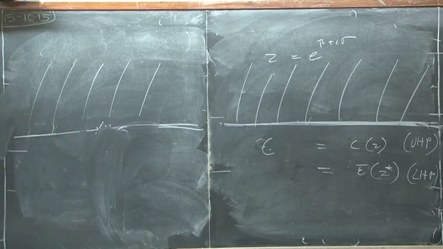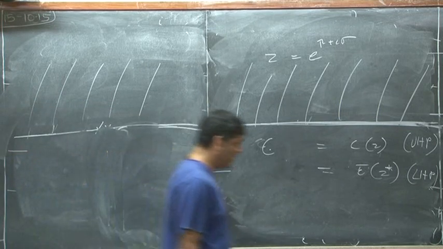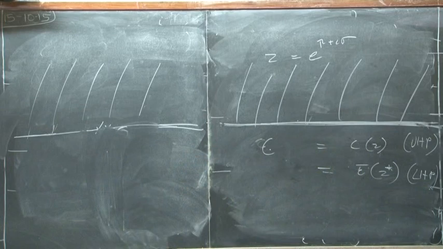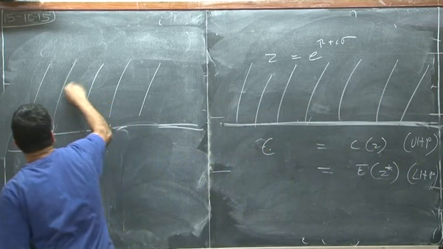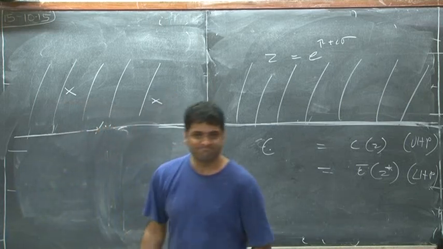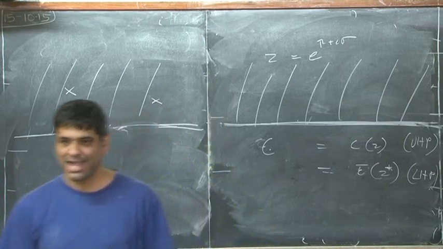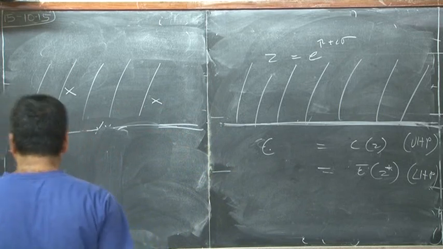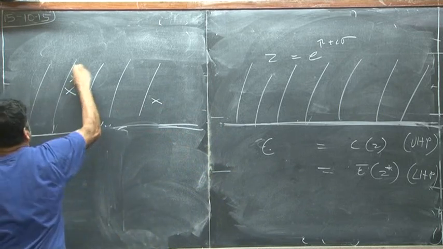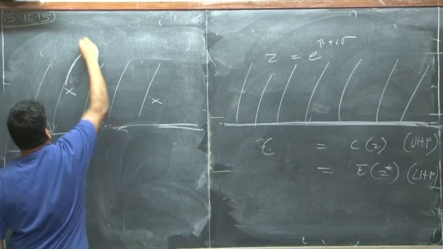Suppose I've got two insertions in the upper half plane, and I want to compute the 2-point function. So suppose I've got x of z1, I've got an x here.